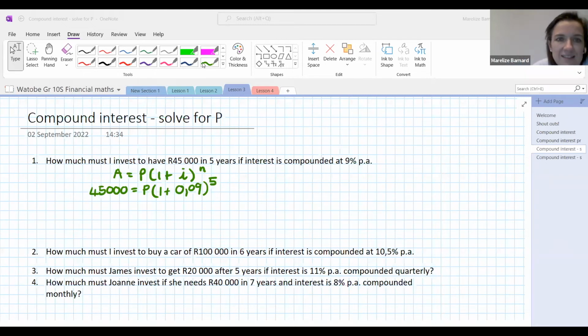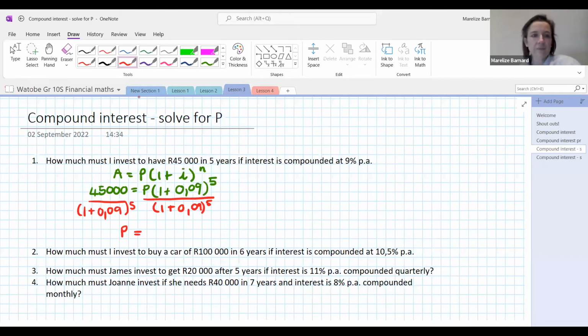Yes, that is exactly what we're going to do. Well done. So we divide this side by the bracket to the power of 5. And if I do it on one side, I must also do it on the other side because of the equal sign. And then we get P on its own. Okay, let's all work out what that is.